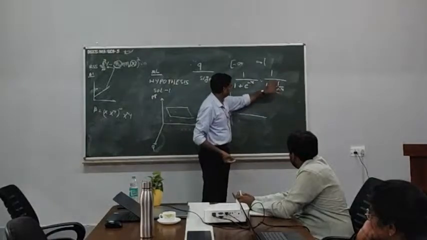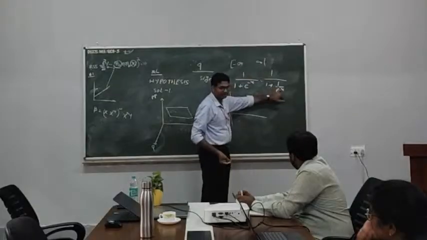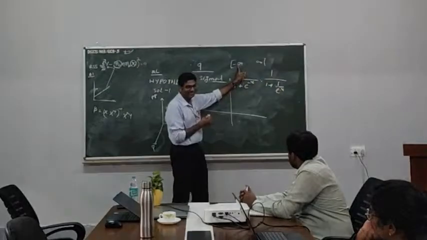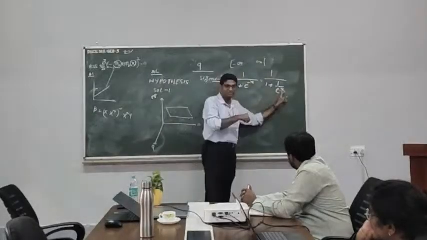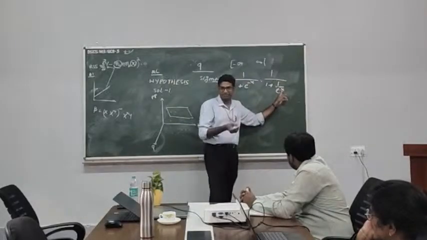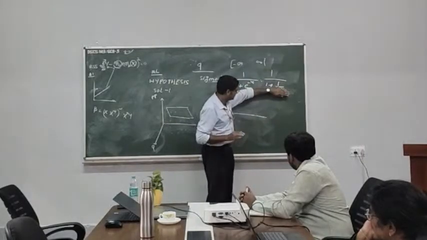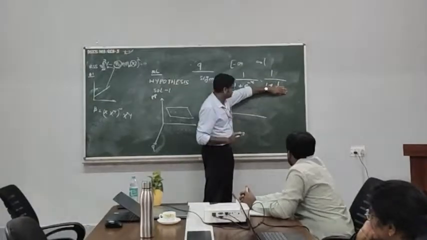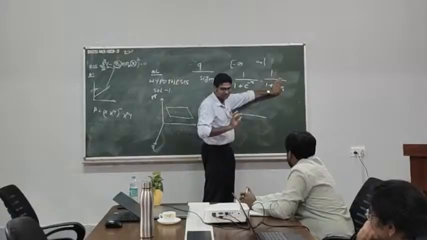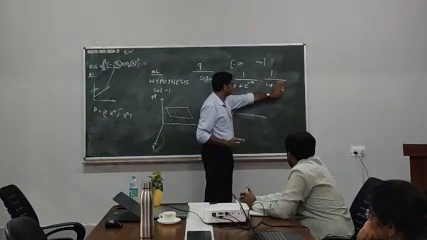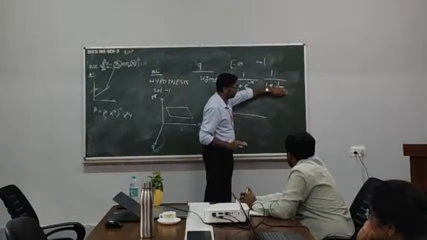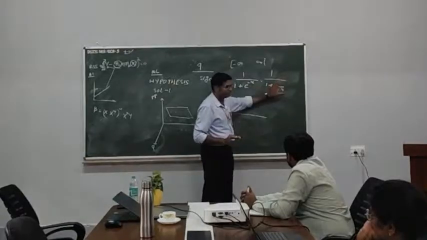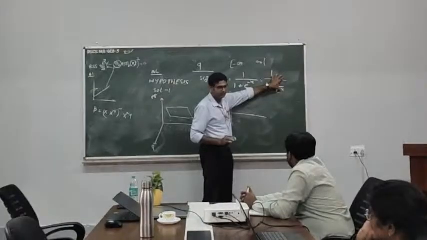I am putting minus infinite here. If I put infinite here, then how much will I get? Something to infinite is 0. 1 by 0 becomes infinite. What is the total term now? 0.